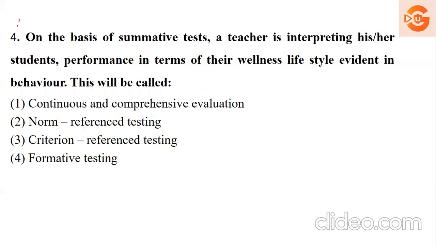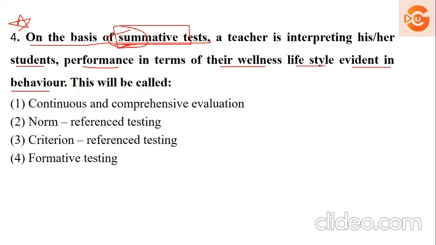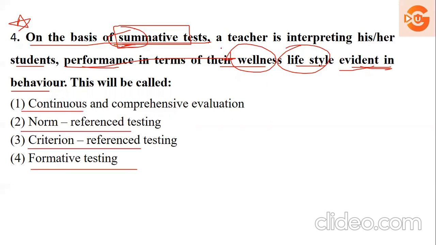Next, just read the question carefully. Summative and formative tests, we are seeing questions in every paper, and I told you in the last test, remember, summative is what we do, adding up, at the end. Formative test is what we do continuously on a regular basis. Now see, on the basis of the test, a teacher is interpreting his or her students' performance in terms of their wellness, lifestyle, evident in behavior. This is what we do on a regular basis, by observing them. The options given are continuous, norm reference, criterion reference, formative. This is done on a regular basis, and I just told you what is done on a regular basis, that is known as formative testing.